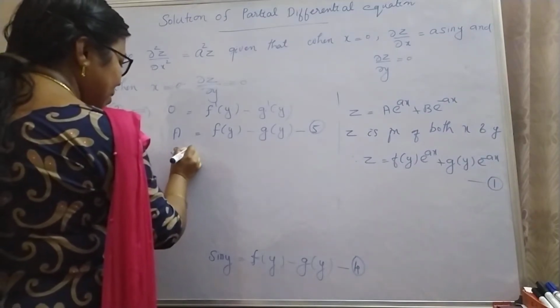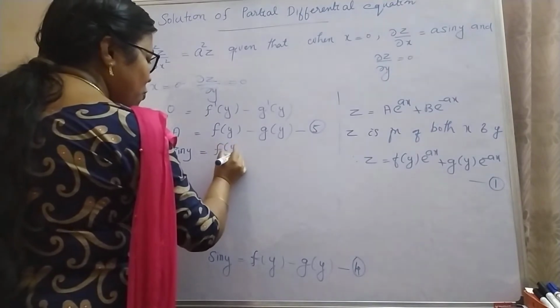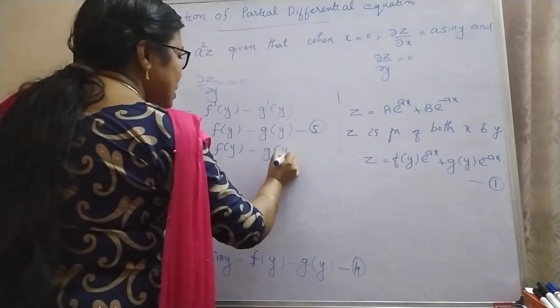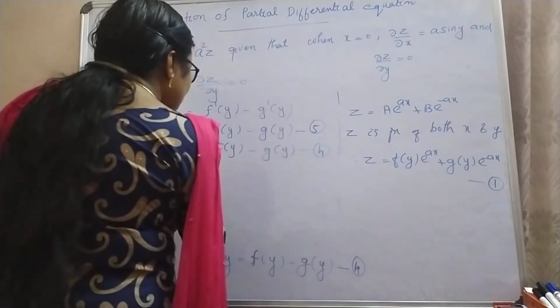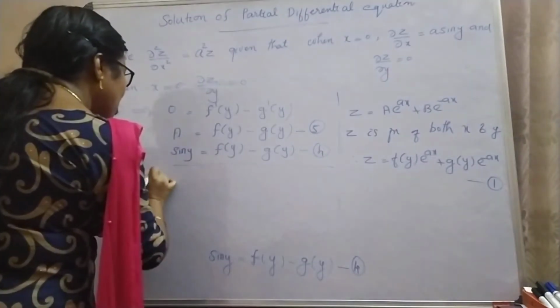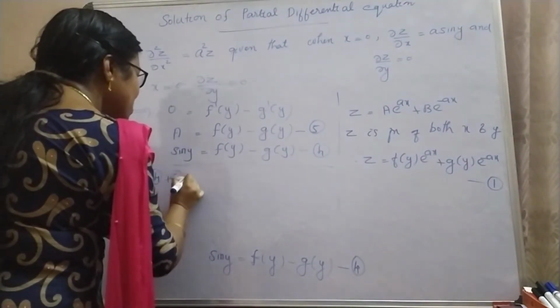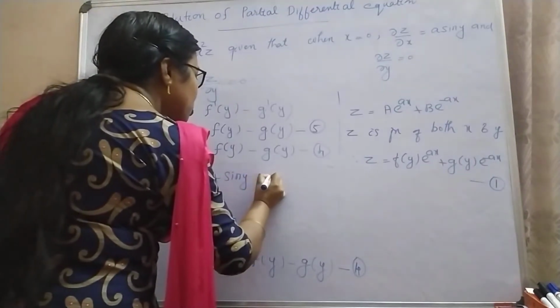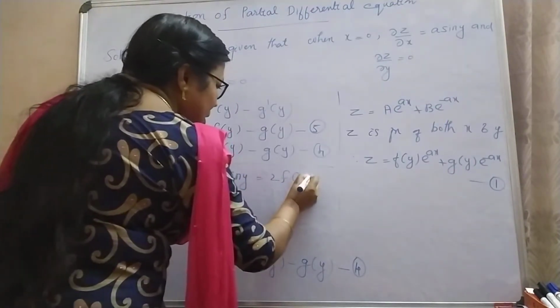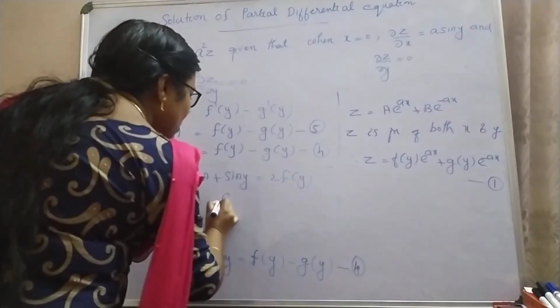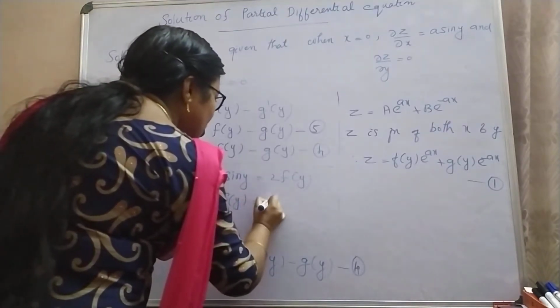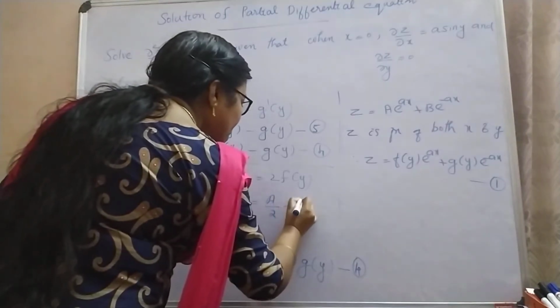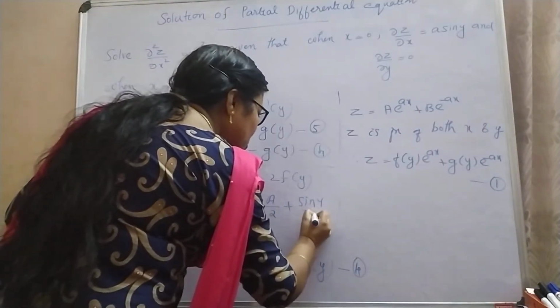Equation 4 is sin y = f(y) − g(y). Find 4 plus 5. 4 plus 5 is a + sin y = 2 f(y). Therefore, f(y) = a/2 + sin y/2.